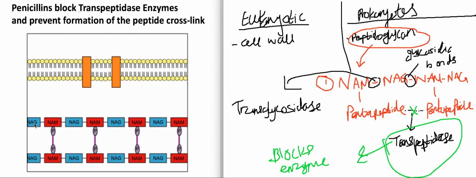So as you can see here, there's the NAM, NAG, something similar to what I've drawn out here, and there's the bottom part. So there's one transpeptidase here and the other one. So this pentapeptide here cross-links with this one, and this here is the peptide bond between the two pentapeptides, forming the cross-link. Now, if you have an antibiotic, what it does is it usually stops this bond from forming, this bit here, which means there's no cross-linking between these adjacent layers. So it makes the peptidoglycan cell wall much weaker and more prone to osmolysis.